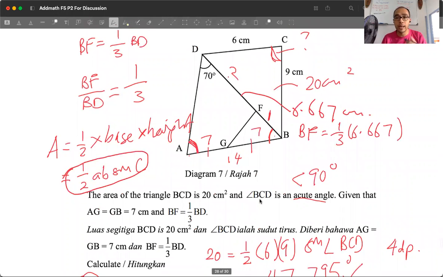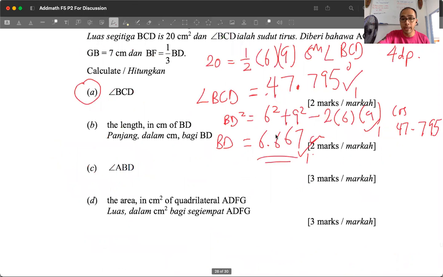But I only give answers in degrees. If you did it in minutes, I will still mark it, but the answers I use now are only in degrees. So this will give us the length of BF is about 2.2223. Since it's not the final answer, I'll give 4 decimal places.